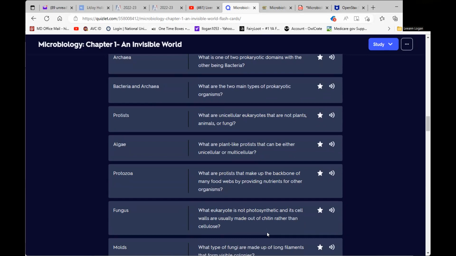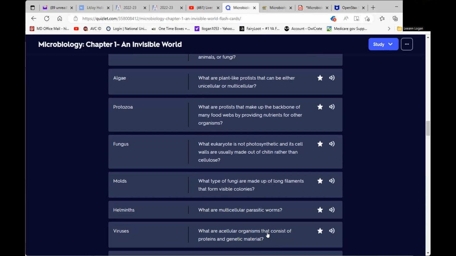What eukaryote is not photosynthetic and its cell walls are usually made out of chitin rather than cellulose? That would be fungus. What type of fungi are made up of long filaments that form visible colonies? That would be molds. What are multicellular parasitic worms? Helminths.